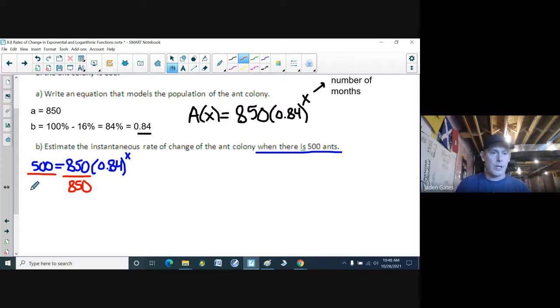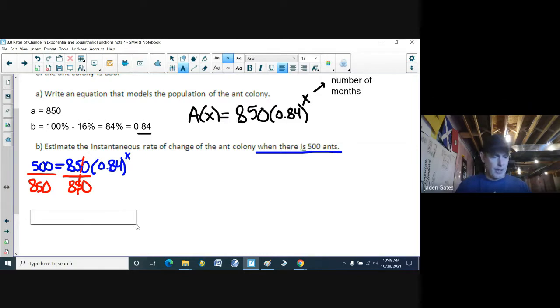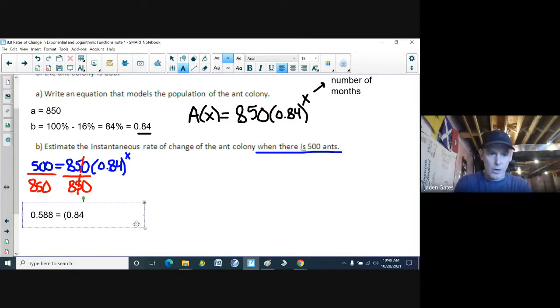All right, so we get 500 divided by 850, 850 divided by 850. So those divide each other out. I take 500 and I divide it by 850. I end up with 0.588 is equal to, again, I have my 0.84 to the power of x.